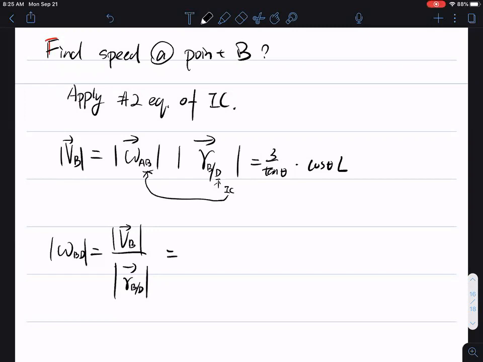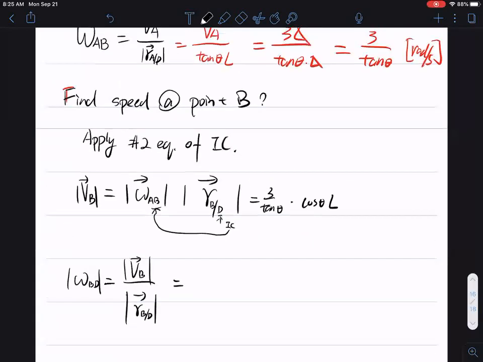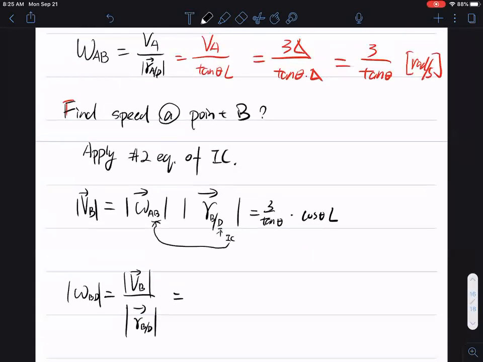What do you get from there? What's omega BD? Wait a second, how come omega BD also equals 3 over tangent theta? Is that right?